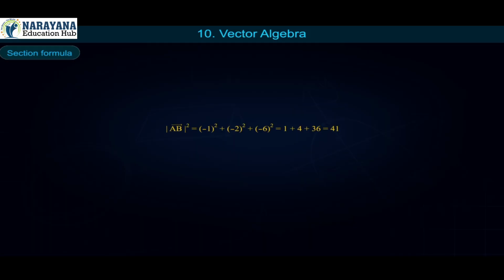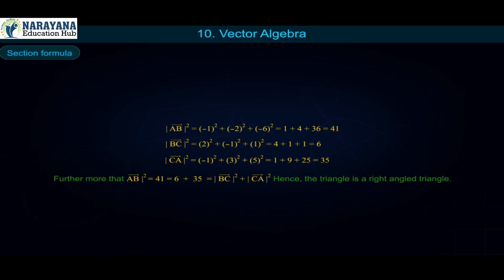Modulus of vector AB squared = (−1)² + (−2)² + (−6)² = 1 + 4 + 36 = 41. Modulus of vector BC squared = 2² + (−1)² + 1² = 4 + 1 + 1 = 6. Modulus of vector CA squared = (−1)² + 3² + 5² = 1 + 9 + 25 = 35.